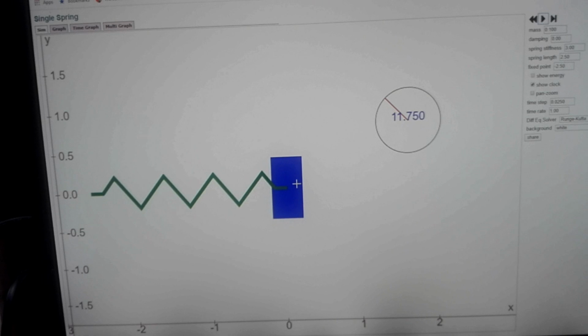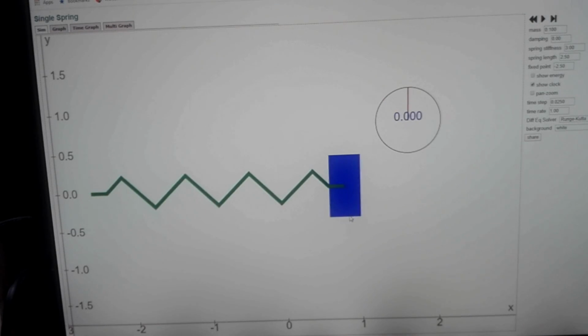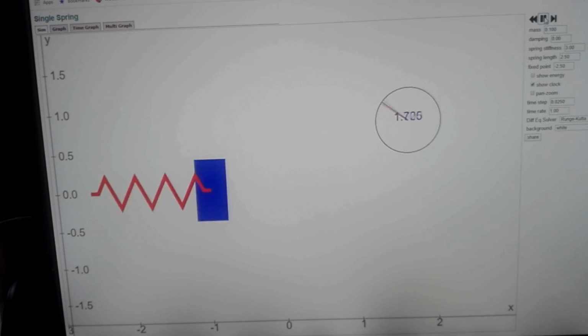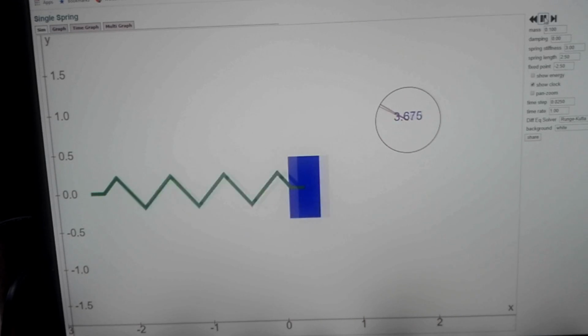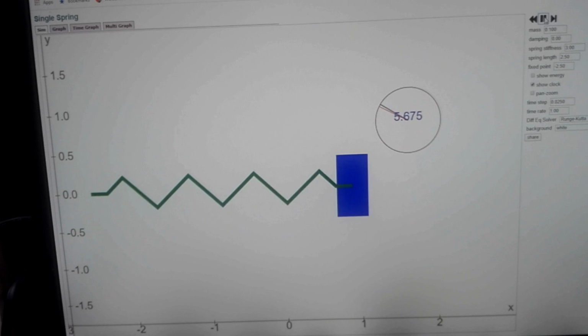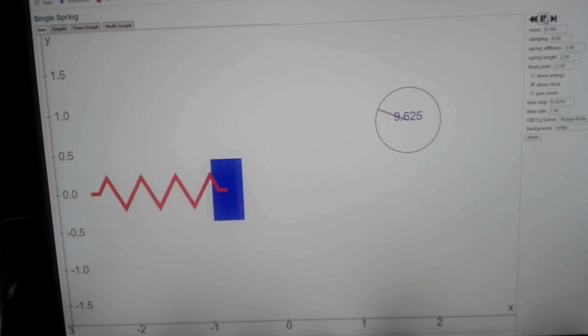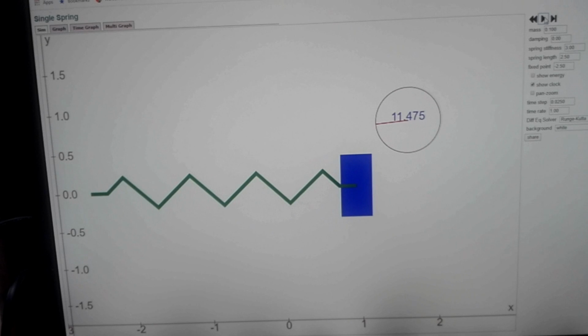So we will do it again. 1, 2, 3, 4, 5, 6, 7, 8, 9, 10. Okay, so it is around 11.475.